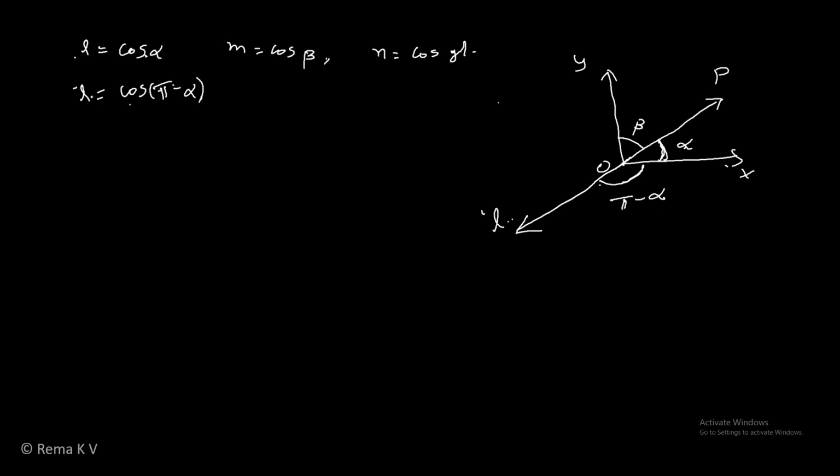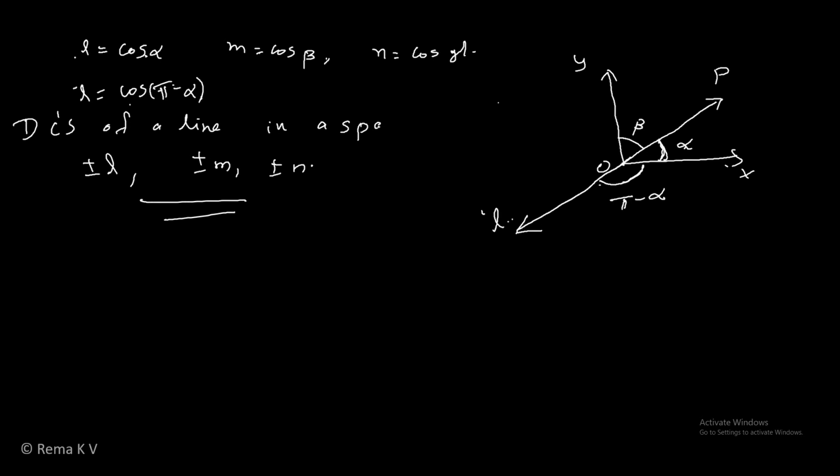That means it is minus L. So there are two direction cosines here, plus or minus L. Similarly, plus or minus M and plus or minus N. So the direction cosines of a line in a space are given by plus or minus L, plus or minus M, plus or minus N.